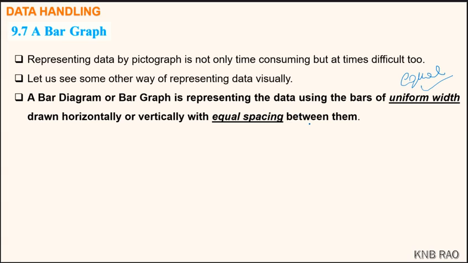This is a definition. A bar graph is a representation of data using bars of equal width drawn either horizontally or vertically with equal spacing between them. The length of each bar in this bar graph represents the corresponding number.